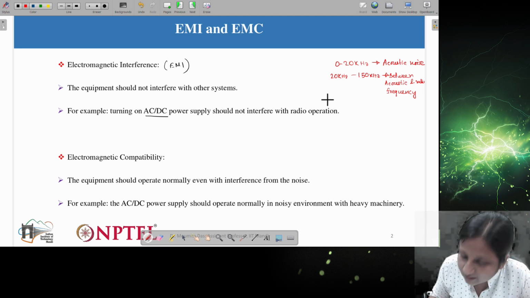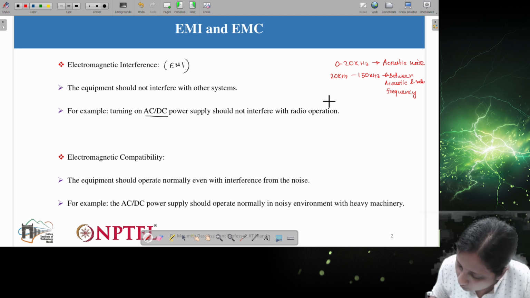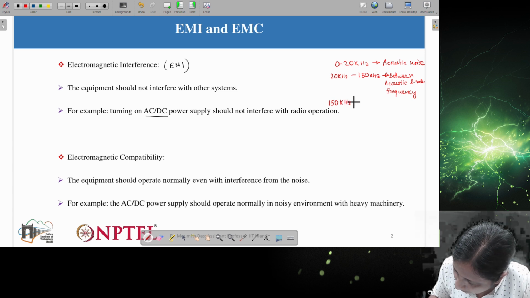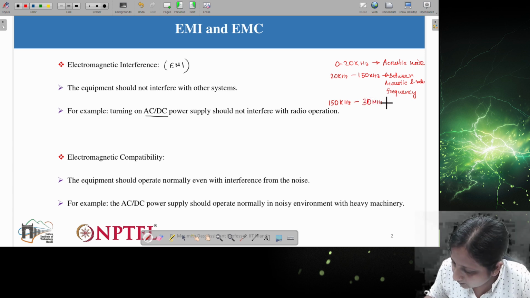Now when the frequency is between 150 kilohertz to 30 megahertz, that is known as radio frequency.